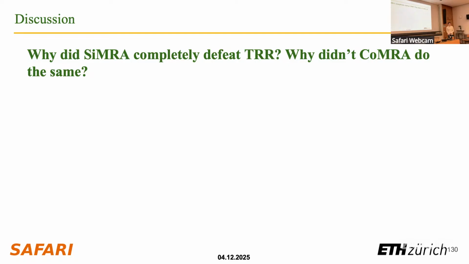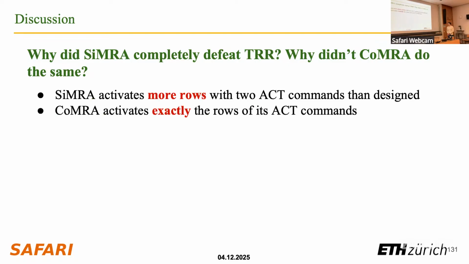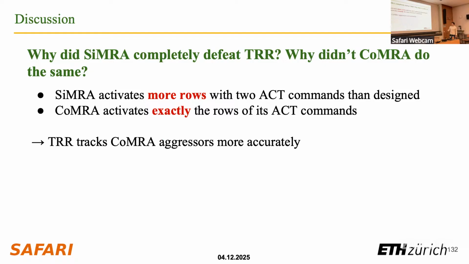Yeah, very good. I have basically the same thing. You activate more rows simultaneously with SiMRA, more than the TRR can accurately track, because it doesn't know about it. This mechanism, how we activate them, might not be visible to TRR.